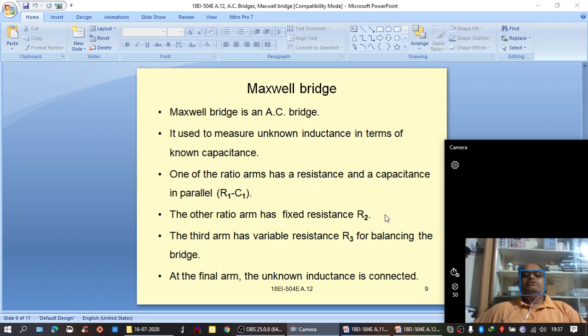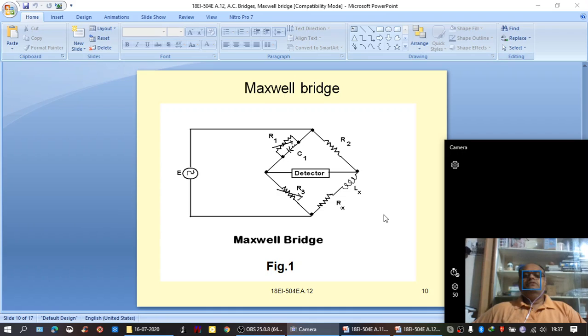So the circuit for the Maxwell bridge would be something like this. The first arm consists of a variable resistance R1 in parallel with capacitance C1. The second arm is resistance R2. The third arm is resistance R3, and it is variable in order to balance the bridge.